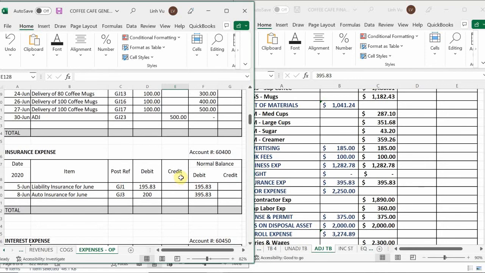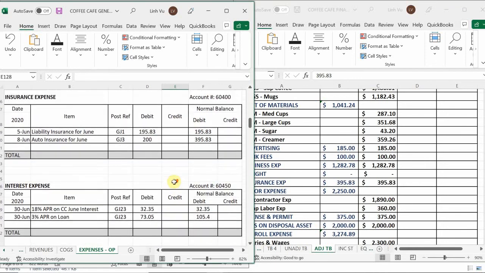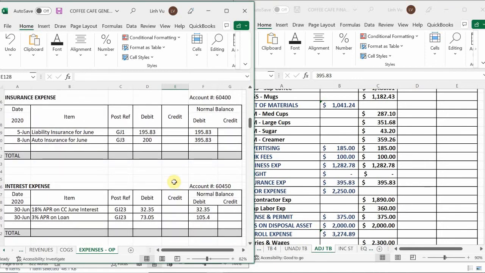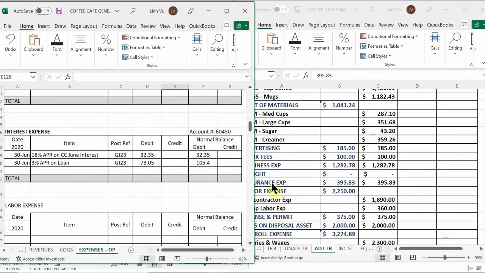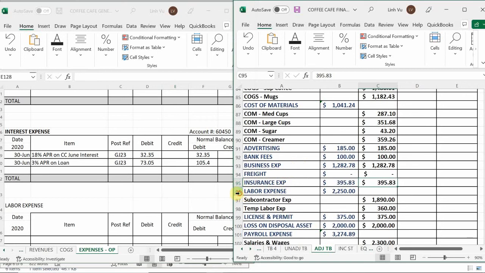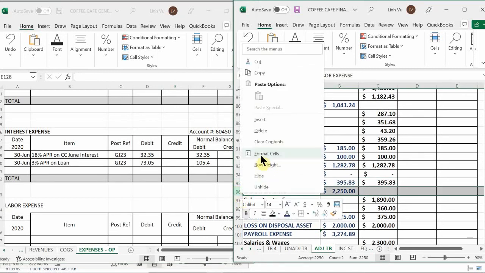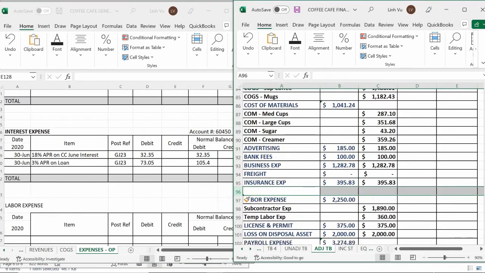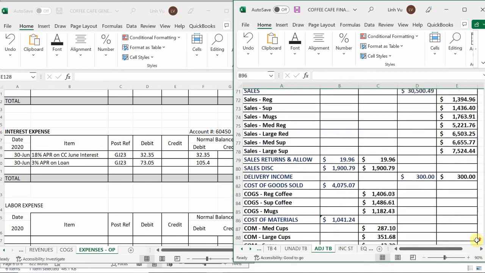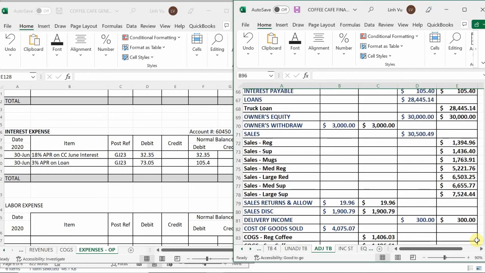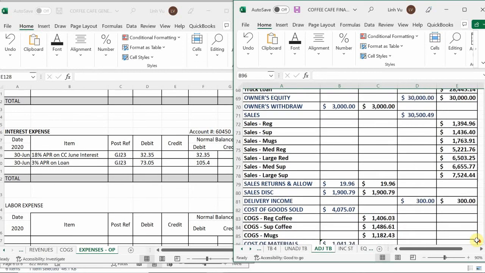Next one is insurance expense, still at $395. Next is interest expense, so I need to include that now. Interest expense. Okay.